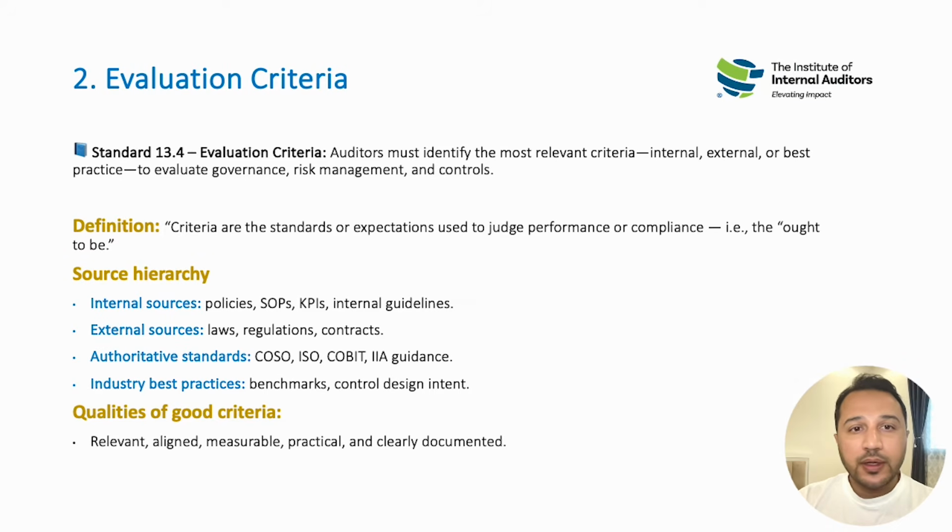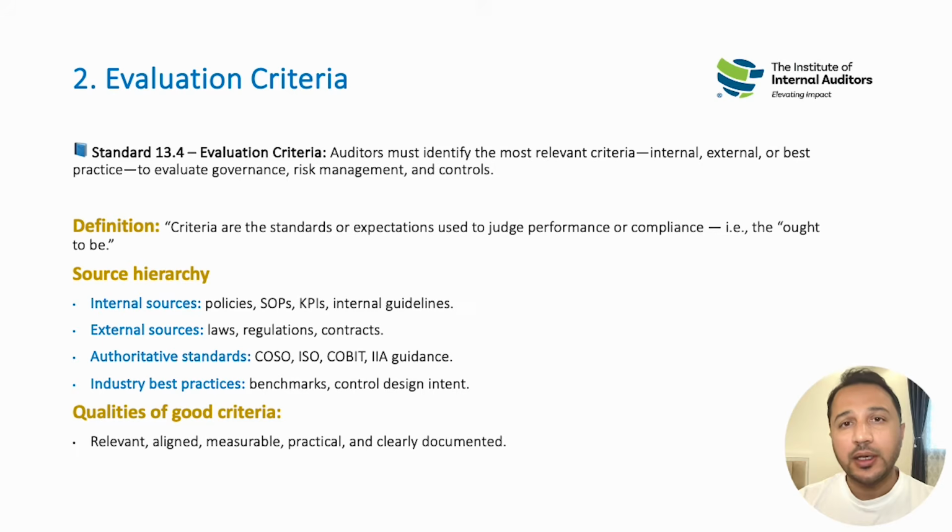Auditors must identify the most relevant criteria, it could be internal, external, or best practices, to evaluate governance, risk management, and control. The definition is: criteria are the standards or expectations used to judge performance or compliance. That is the ought to be.